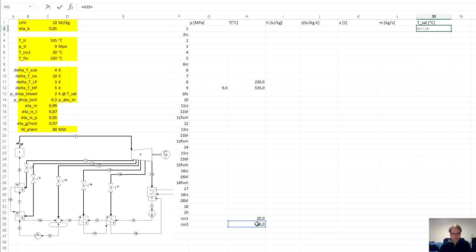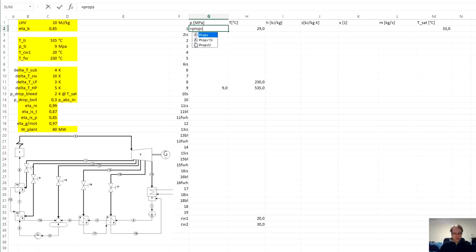So 30 degrees C plus the minimum temperature difference at the low pressure part of the cycle, 3. Now we have specified subcooling at the end of the condenser, so that's the saturated temperature minus the subcooling. And from the saturated temperature we can get the saturated pressure.